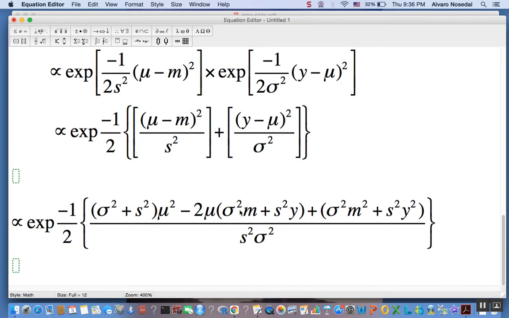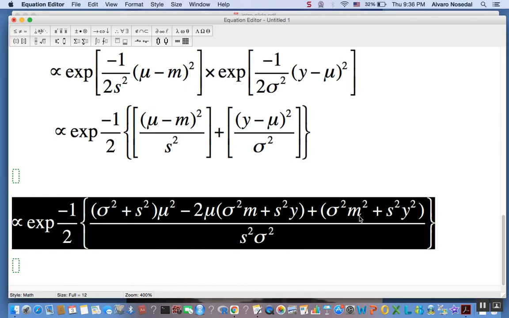This guy and this guy involve mu, right? So that's one of the exponentials we're going to consider. The other one is going to be exp to the minus 1/2 times the third term here. But that one doesn't involve mu. So we're going to be able to absorb that guy, using the proportionality symbol. It's a constant with respect to mu. Okay, so let's do it.